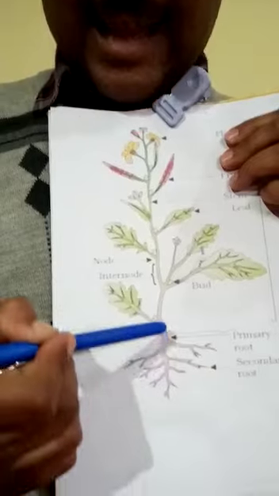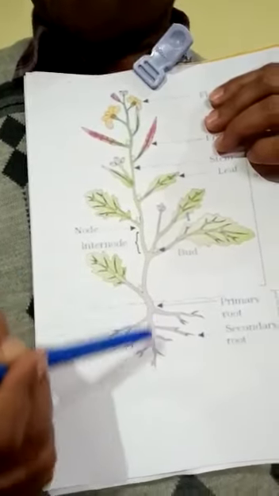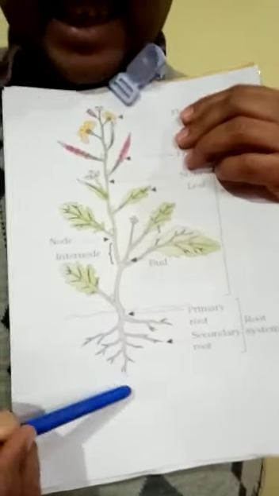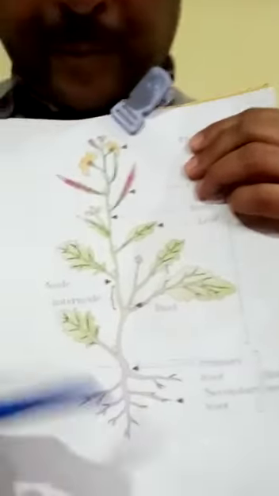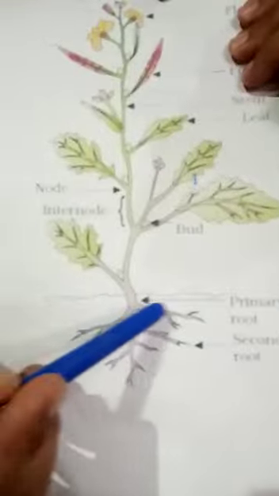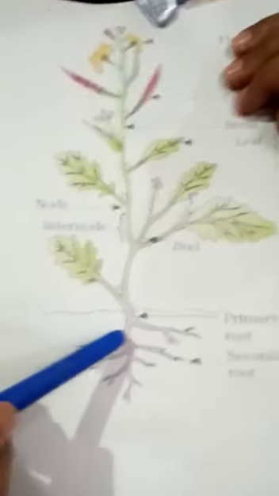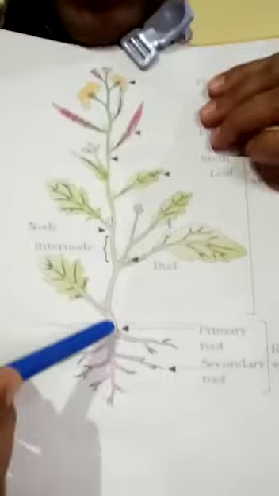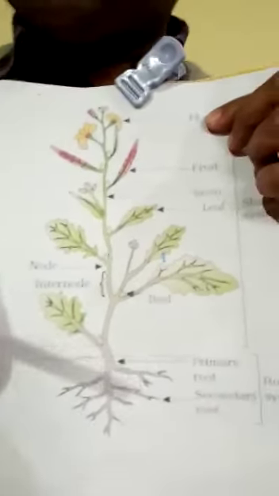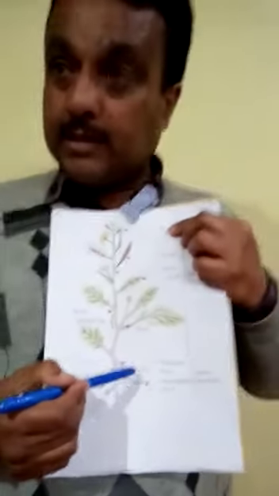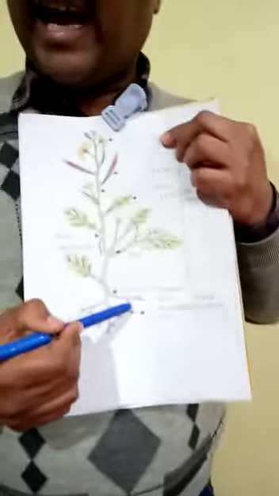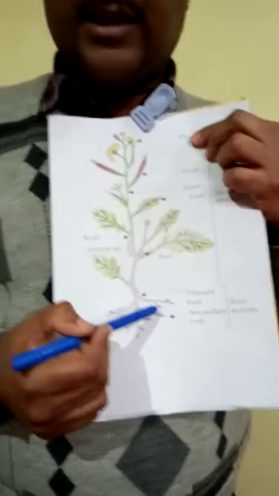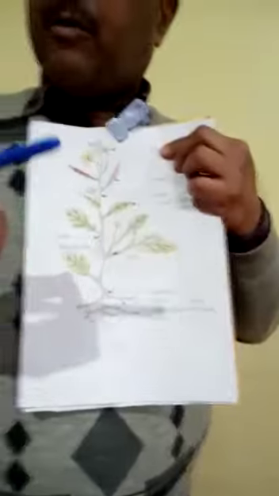Let us study the root system. The root arises from the radicle part of the embryo of the seed. The main axis of the root is called the primary root.